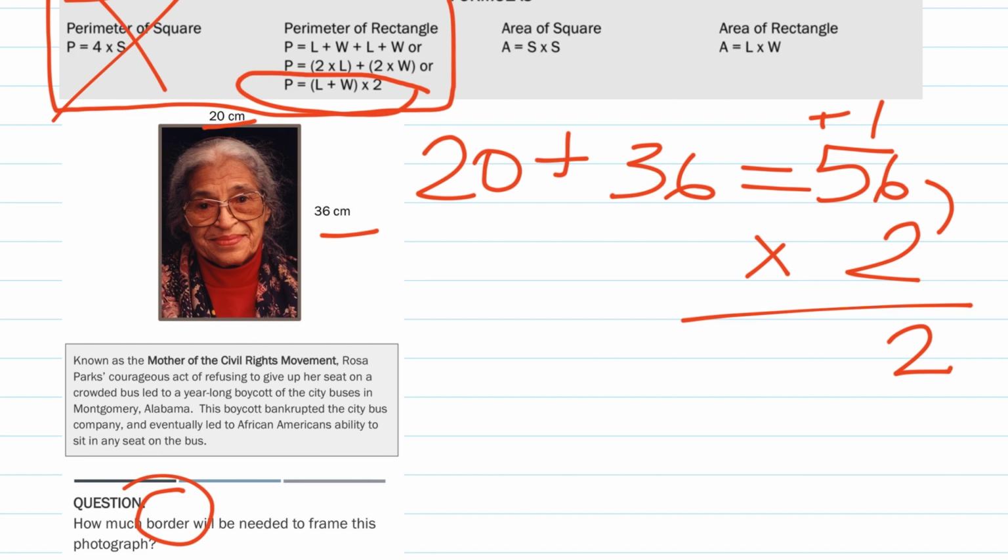Okay, so I put the 1 above the 5, and then 5 times 2 equals 10, plus 1 is 11. So the border needed is going to be 112, don't forget my units, centimeters. All right?